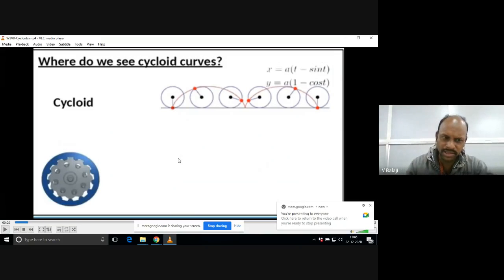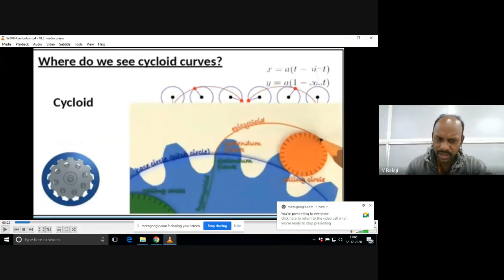These cycloids, these curves, we can see in mechanical gears. So many applications are there. You can also watch here. These are the teeth of a mechanical gear. This is one tooth, second tooth, so many other teeth are there.